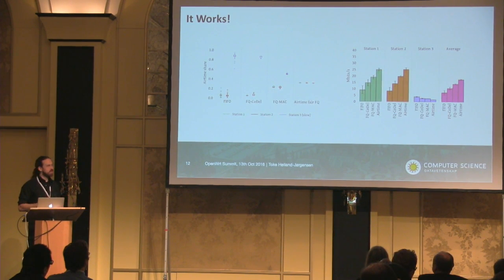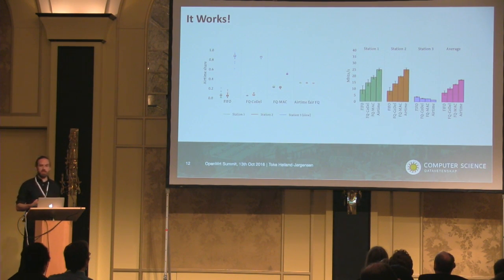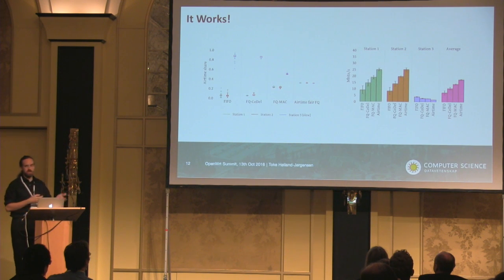And of course, this is because the fast stations now go a lot faster, and the slow one goes a little bit slower because it doesn't get to grab all of the airtime. But in terms of efficiency of the whole network, this translates to a total throughput increase of quite a lot.